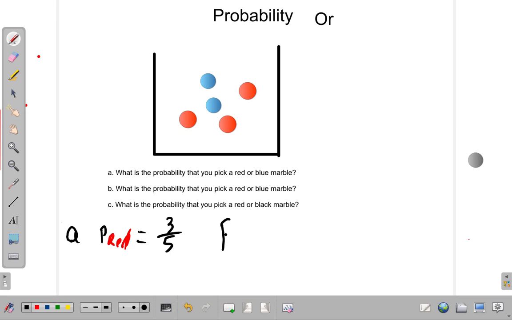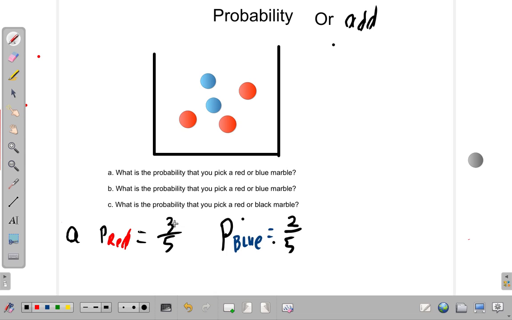Now, the probability that the marble that you pick is blue is going to be 2 blue marbles divided by total of 5 marbles. Now, when you talk about either one or the other, what you must do is add the probabilities. You add the probabilities.